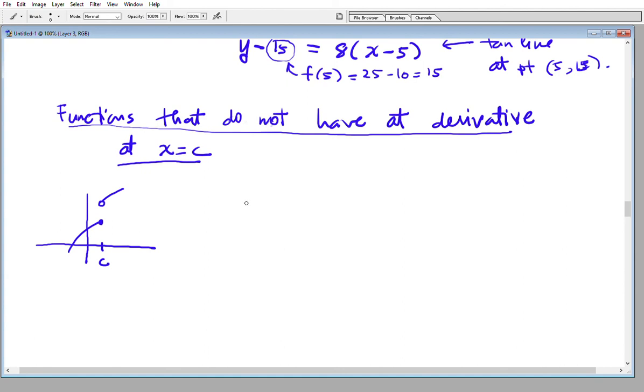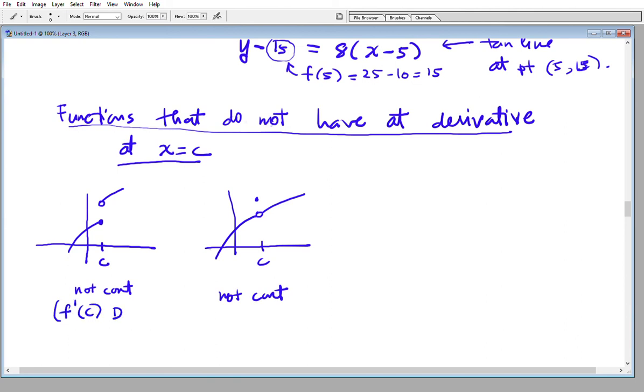So that's one example. Even if it's a removable discontinuity. So that's no f prime of c. I'll write it like this: f prime of c does not exist. For this one too.